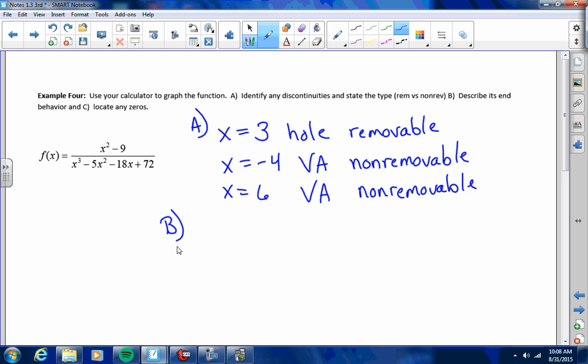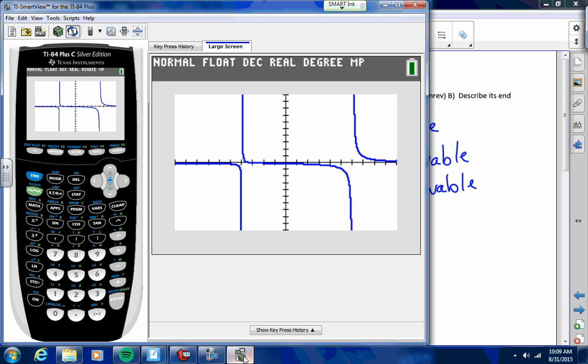Now part B, describe end behavior. So the limit as x approaches negative infinity of the function, and the limit as x approaches positive infinity of the function. Let's go with Emily. Emily, help us out with the end behavior as x approaches negative infinity.